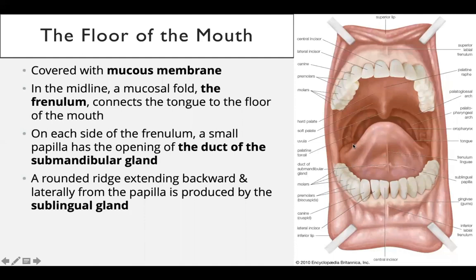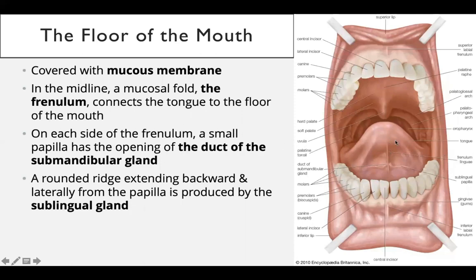The dorsal surface we cannot see here, right? So this is the ventral. When you elevate your tongue towards the uvula or towards the palate, you can see the ventral surface of the tongue. So the ventral surface of the tongue has a mucosal fold, which is seen in the midline. This is known as the frenulum linguae or lingual frenulum.